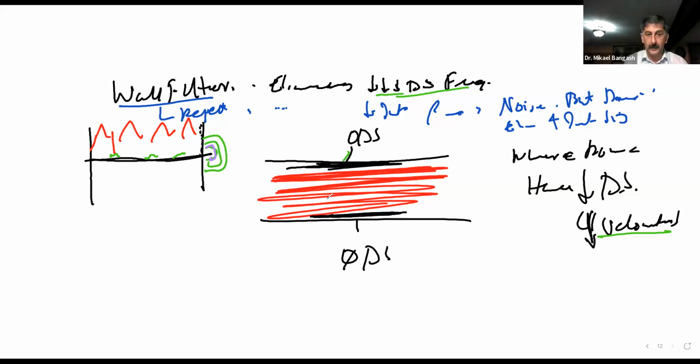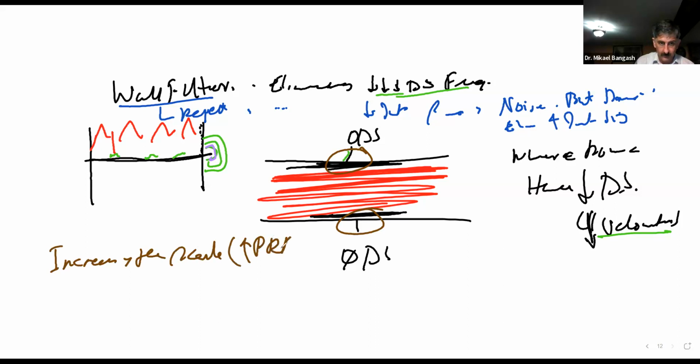This less filled blood vessel is also what you may see if you increase the scale, which we just call increasing the PRF. But the main thing is what happens with the wall filter.